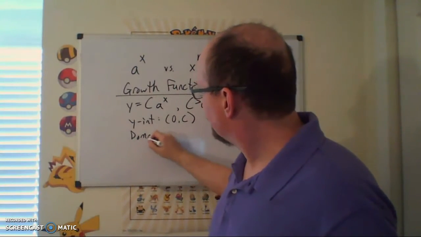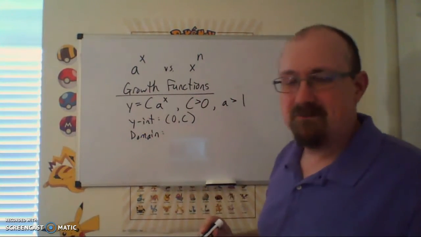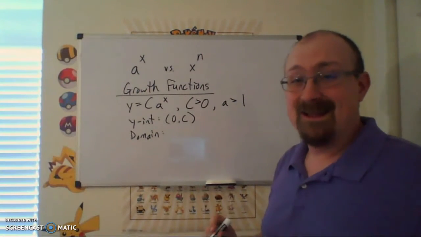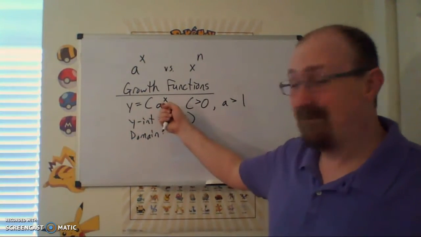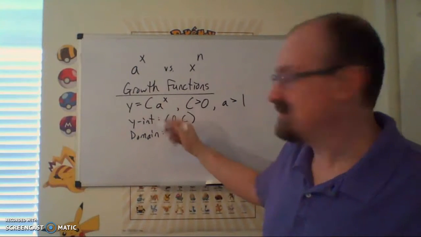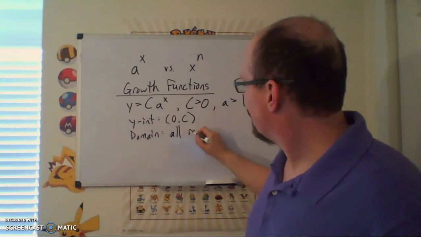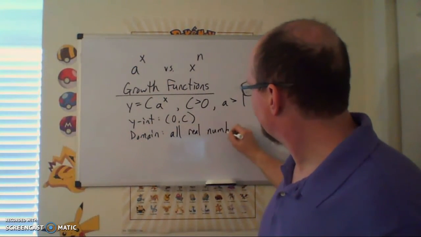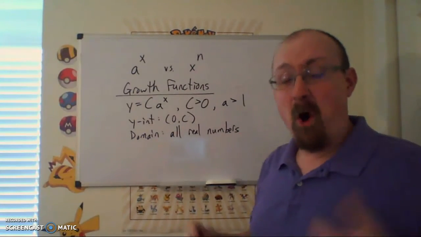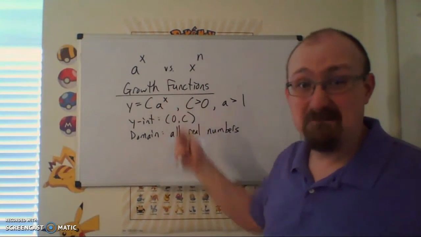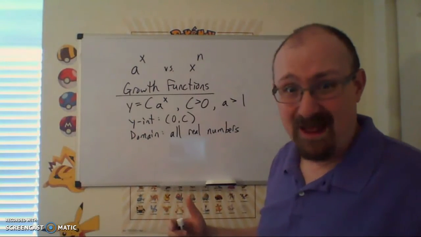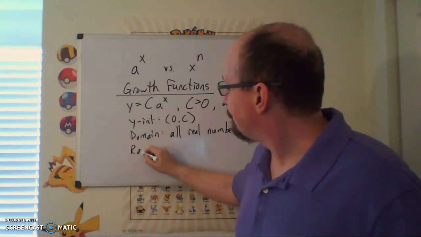So the domain of our function, which you may recall from way back in chapter 1, is the set of x values that we can meaningfully feed into this thing. As it turns out, our domain is still all real numbers. There's no x value we couldn't meaningfully plug into this. Nothing weird is going to happen as a result.